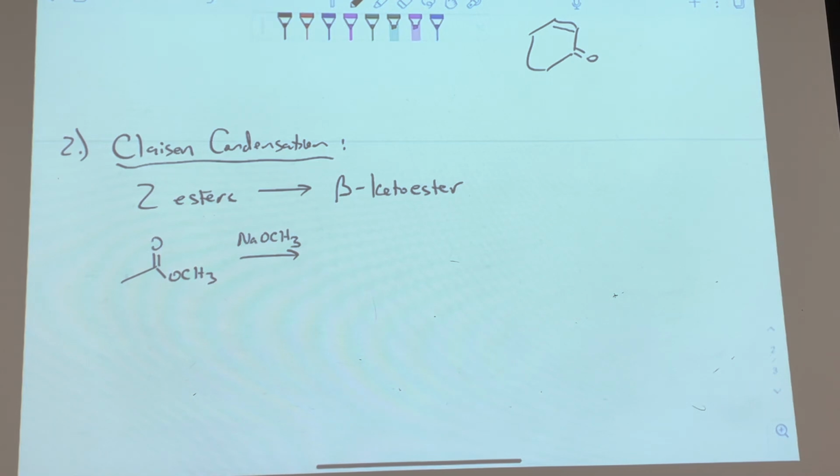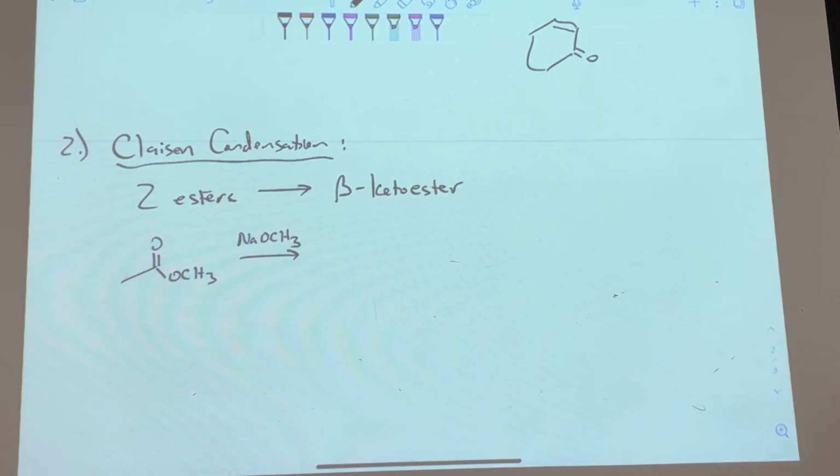Now, actually, before we move on, I think it's worth mentioning this. Why is it here that I'm using sodium methoxide? Why didn't I just use sodium hydroxide like I did with all the aldol reactions? You don't want to cause hydrolysis. Yeah, exactly.